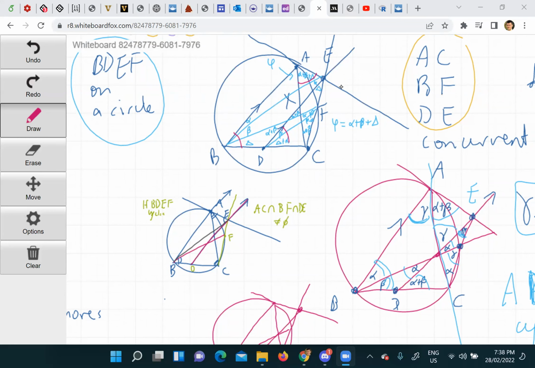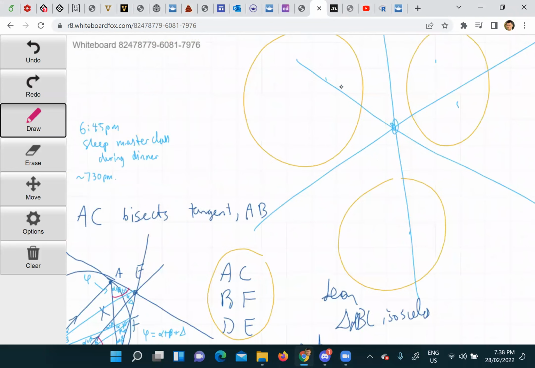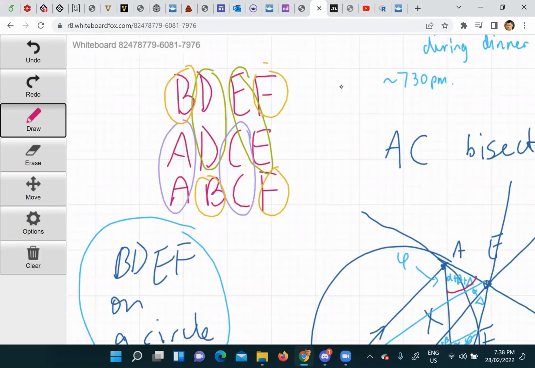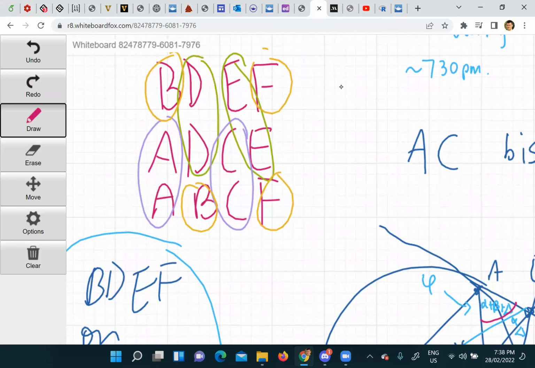You can show it by the radical axis theorem. So we just need three circles, because the radical axes go through the lines of intersection. Okay, they all intersect, and so they're exactly the intersection points.